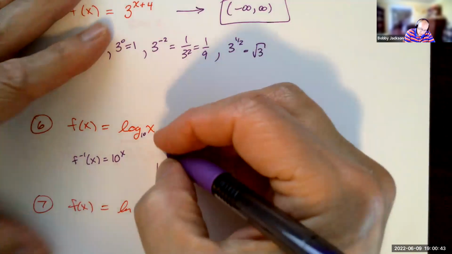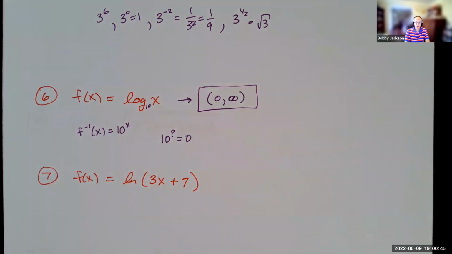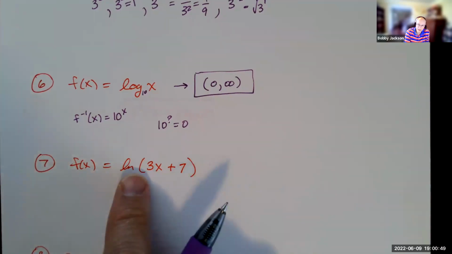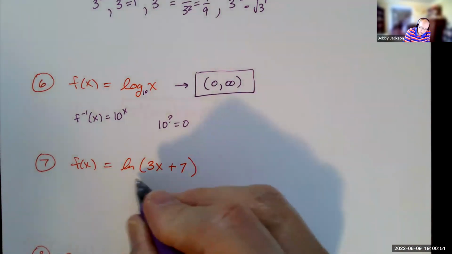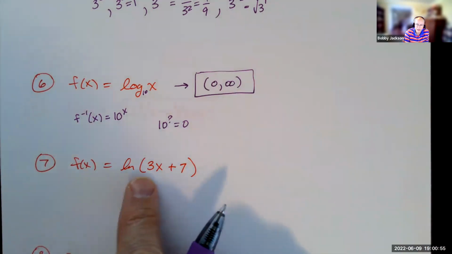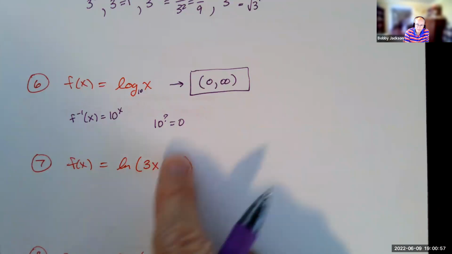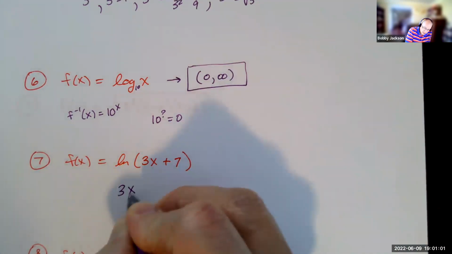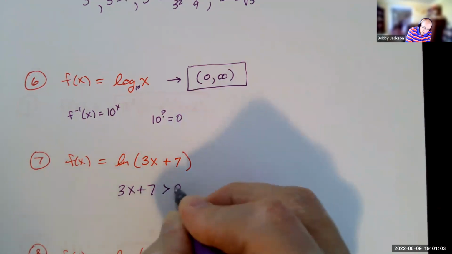So the bottom line is, whenever you're finding the domain of a logarithmic function, here's a logarithmic function: f of x is the natural log. Remember, ln is log base e, but we write it as ln. Same thing, this stuff here has to be greater than 0. So you simply do 3x plus 7 must be greater than 0.